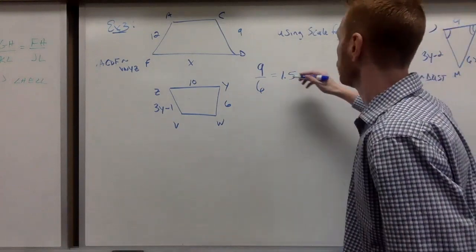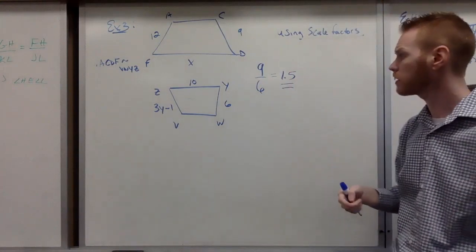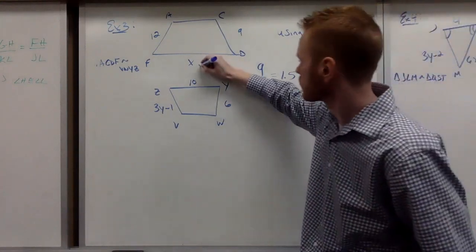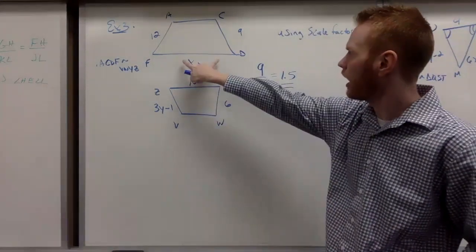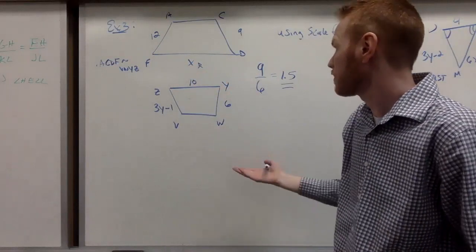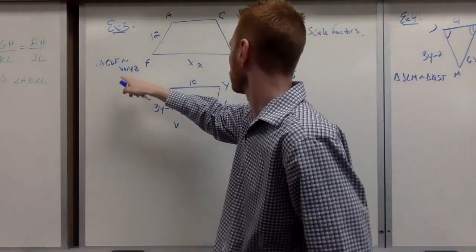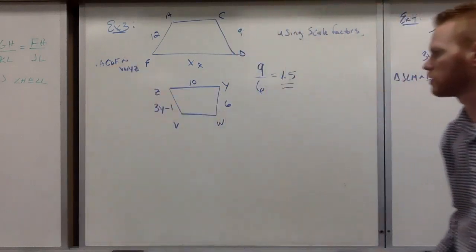So now what I'm going to do, knowing this key piece of information, I'm going to go ahead and figure out what X is right here. So looking at this, I can see that ZY and FD are similar to each other based on the picture, and I can tell based off the statement too, right? So FD is in the last two positions, ZY is in the last two positions.